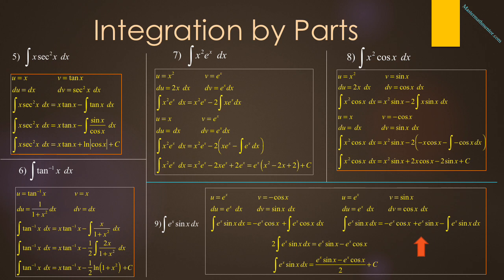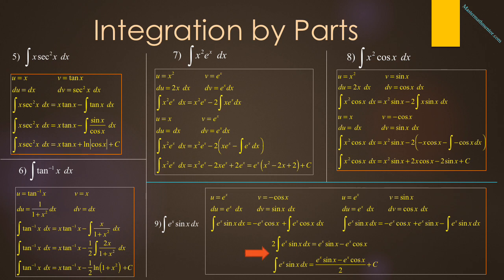So our integral of e to the x sine x dx is negative e to the x cosine x plus, using the integration by parts, e to the x sine x minus the integral of e to the x sine x dx. Now, if you look at that expression, you have the same integral that you started with. So where do we go from here?